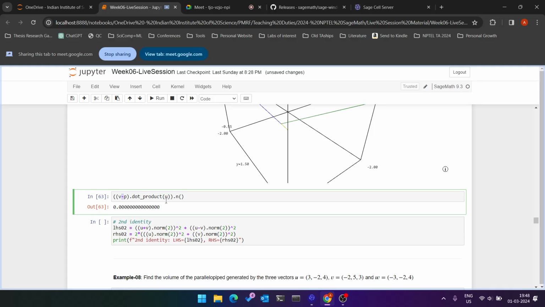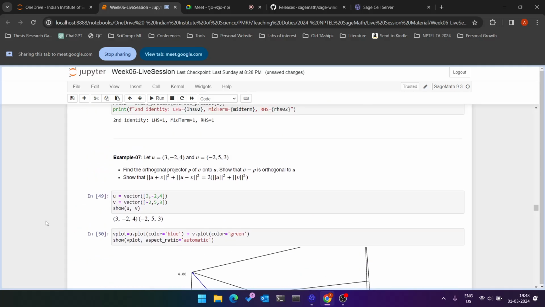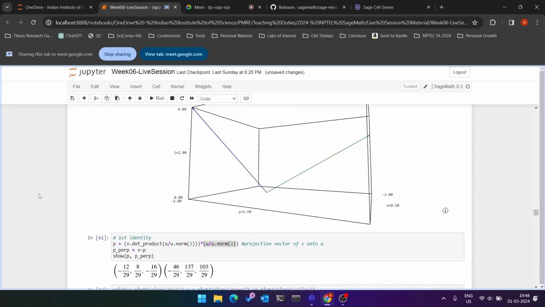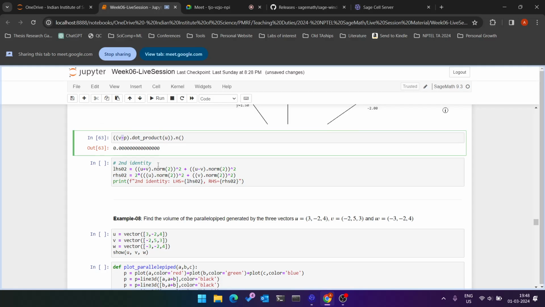The second identity that we had to check was norm of u plus v whole square plus norm of u minus v whole square equal to twice of norm of u square plus norm of v square. If I go here, what do I see is LHS is norm of u plus v whole square plus norm of u minus v whole square, and RHS is twice of norm of u square plus norm of v square.